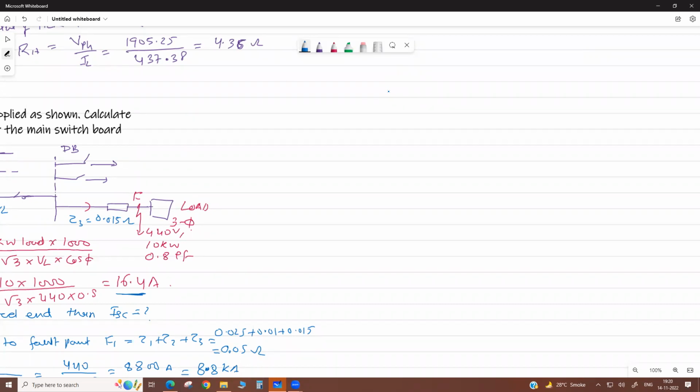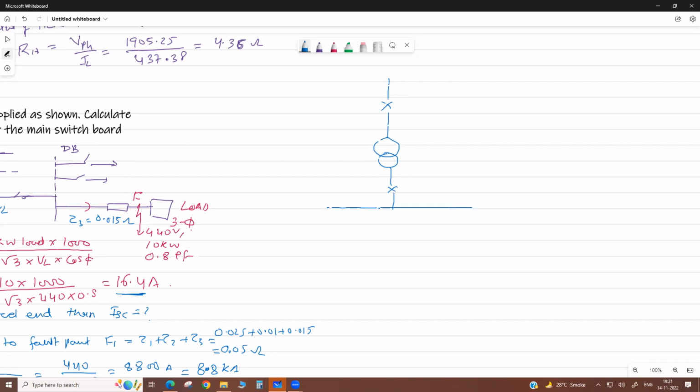Generally we neglect resistance and calculate the reactance, percentage reactance, per unit, okay. So suppose this is your incomer, then you have a transformer, then in the output there is a breaker, then this is your main PCC.